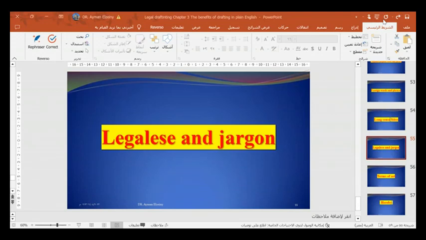Jargon may be acceptable in documents that a drafter makes for another drafter, but it is not acceptable in a document that the drafter makes for his or her client.